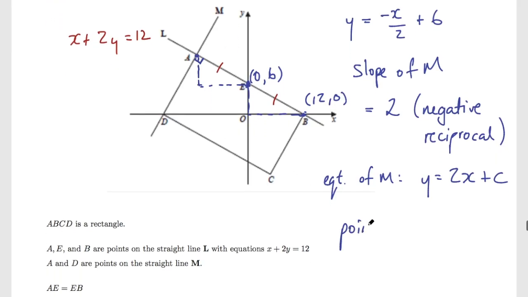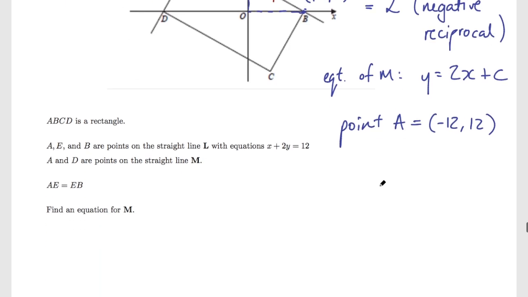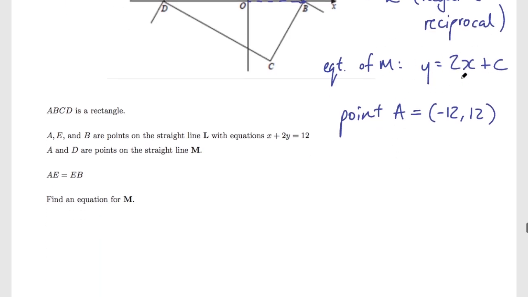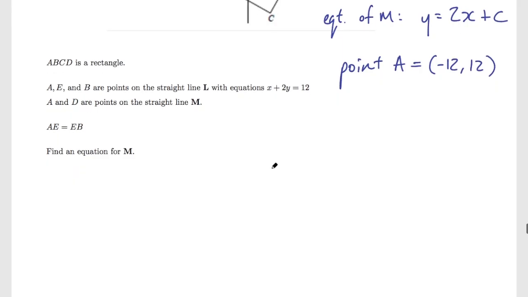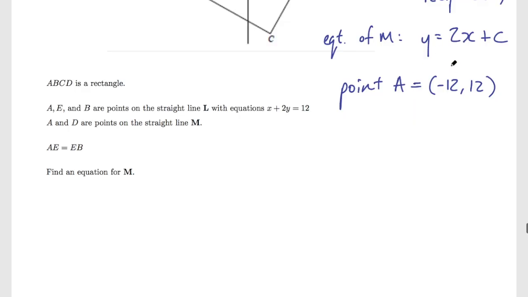So point A equals (-12, 12). Hopefully you can see how I got to there. And using that point, we can substitute it into this equation of m to find c. So we can say that 12 equals 2 bracket, my apologies, not 24, bracket 12 plus c.